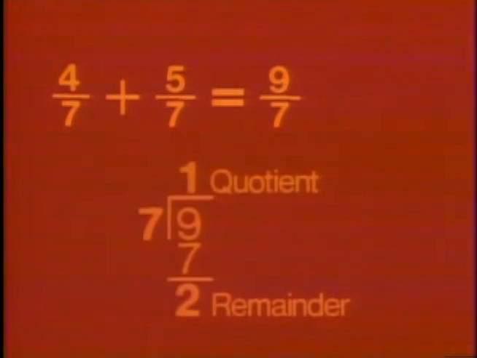So we divide 9 by 7, obtaining a quotient of 1 and a remainder of 2. Conclusion: 9/7 equals 1 2/7. Or, putting it all together, 4/7 plus 5/7 equals 9/7, which is 1 2/7.